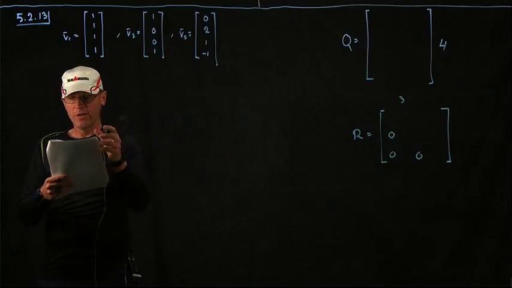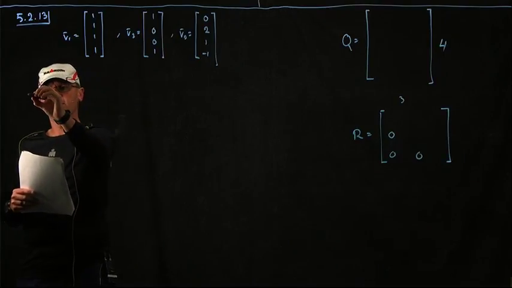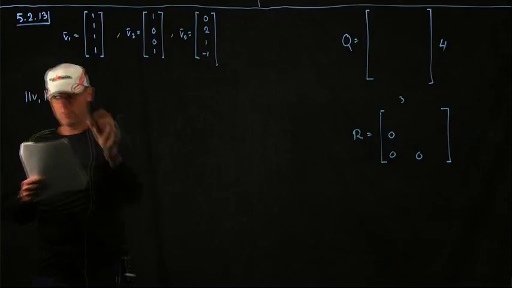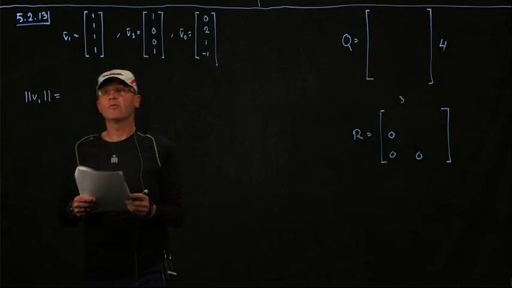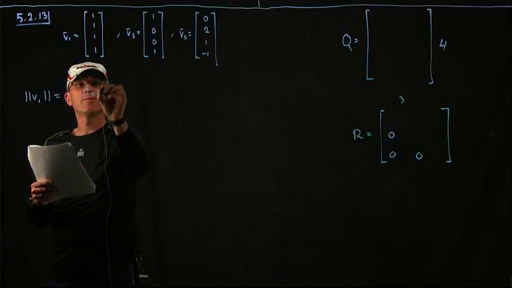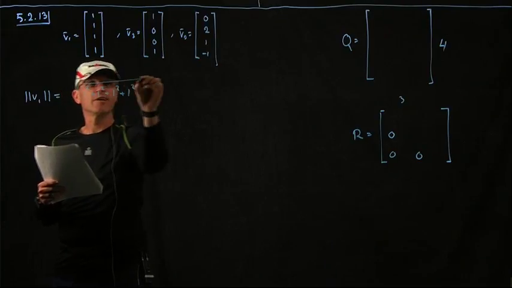Okay, so first step is to find the length of the given vector v1. We're of course measuring in the 2 norm, so it's 1 squared plus 1 squared plus 1 squared plus 1 squared and the square root of that.